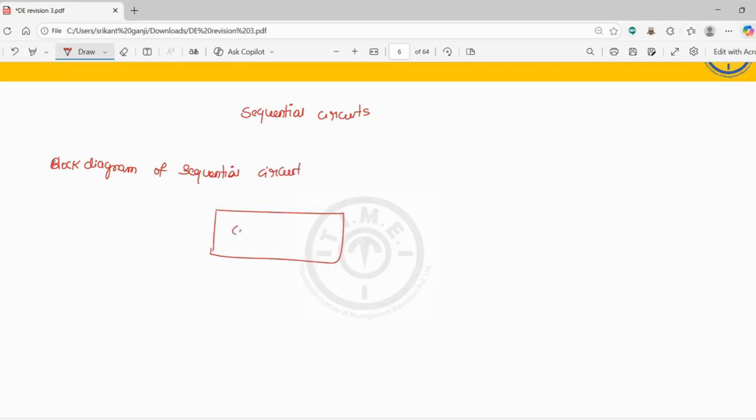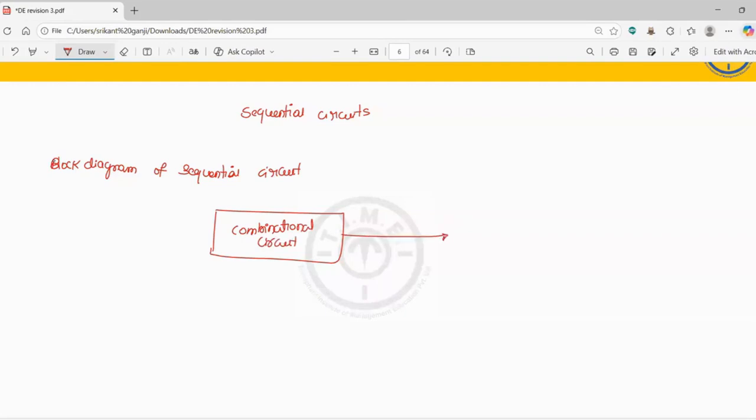Circuits have a memory? Sequential circuit. Okay, so the block diagram of sequential circuit. Here it is a combinational circuit, but the combinational circuit doesn't have a memory.